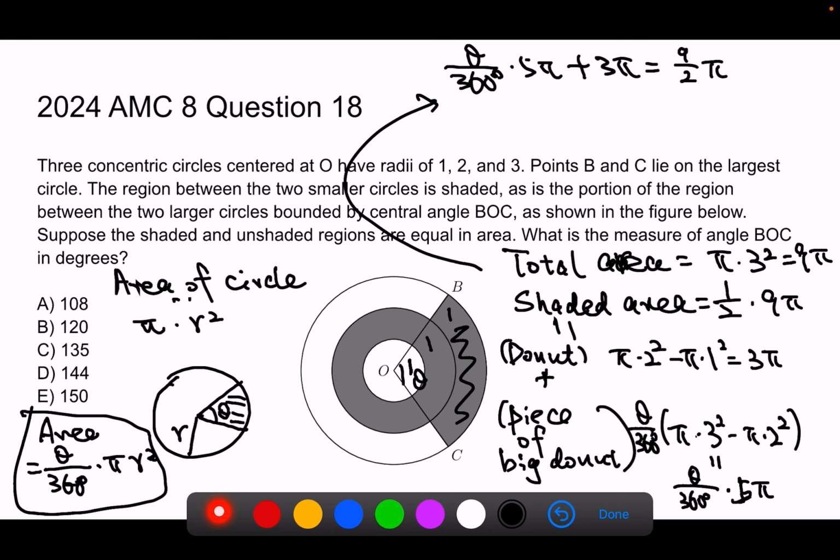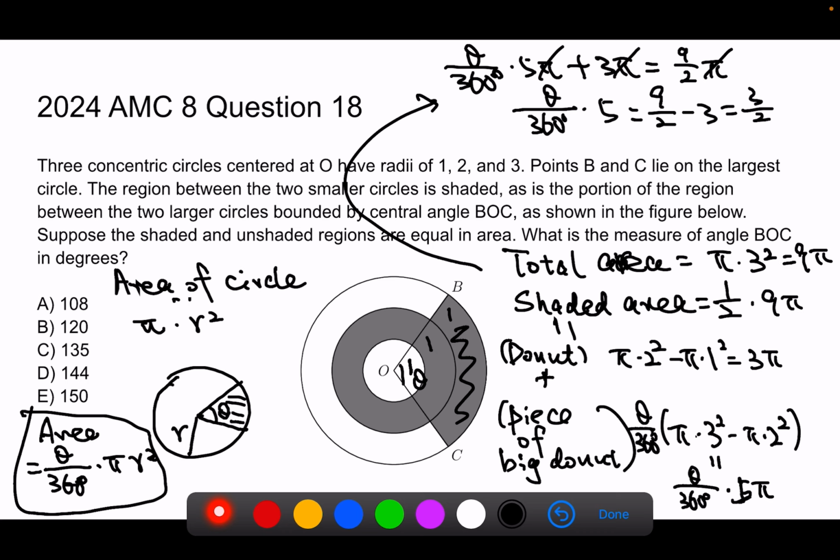Now you need to solve the equation for theta. Well, I can cancel pi on both sides of the equation. Then I can move 3 to the other side of the equation. So I have theta divided by 360 times 5 equal to 9 over 2 minus 3, equal to 3 over 2.